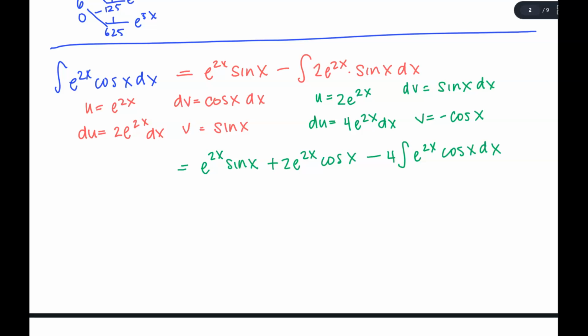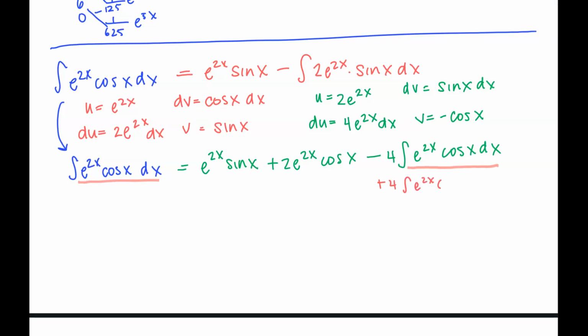All right, so let's go ahead. E to the 2x cosine of x dx. I'm bringing this down so we can see what we're equal to. So this is the goal, that we have an integral here that completely matches the integral right over on the right-hand side. And so we can just say, well, that's awesome. Let's add 4 of this integral to both sides because these are like terms.